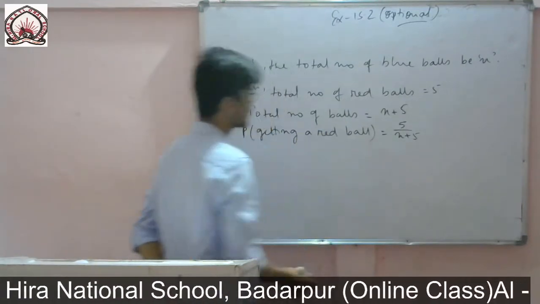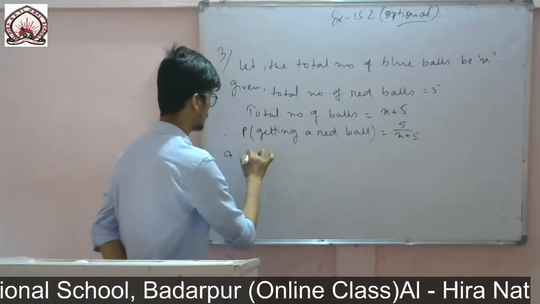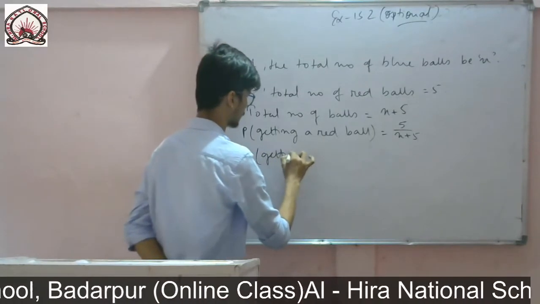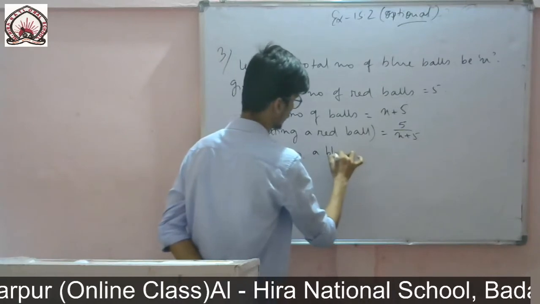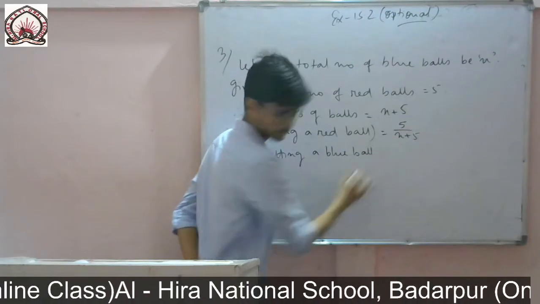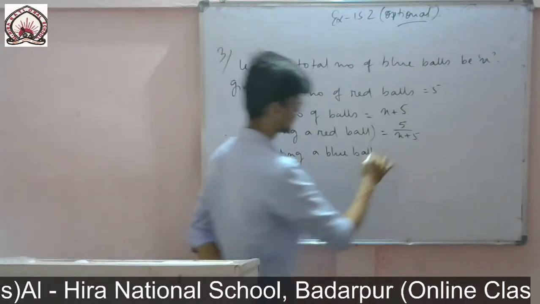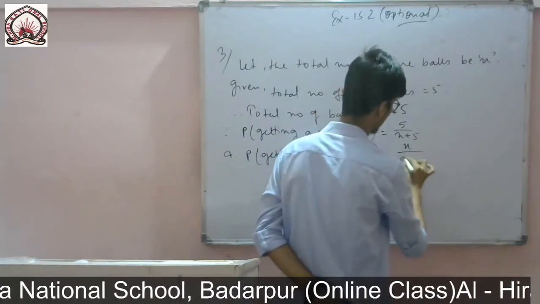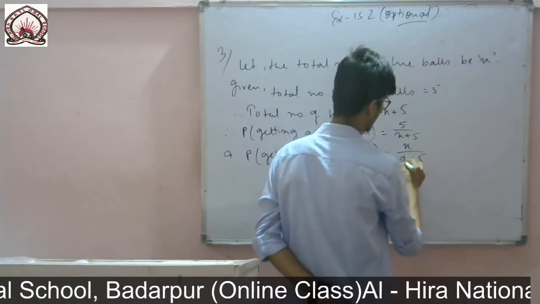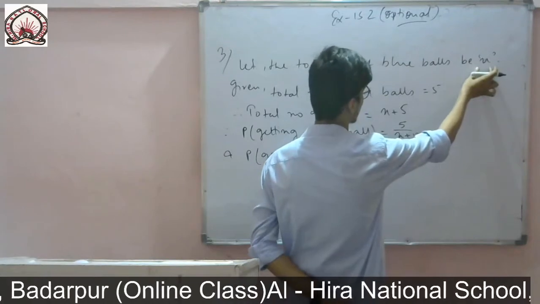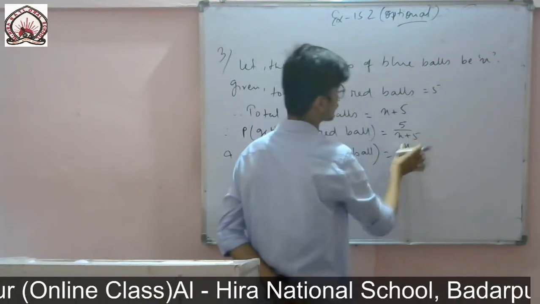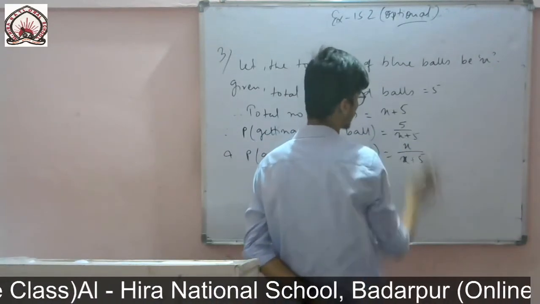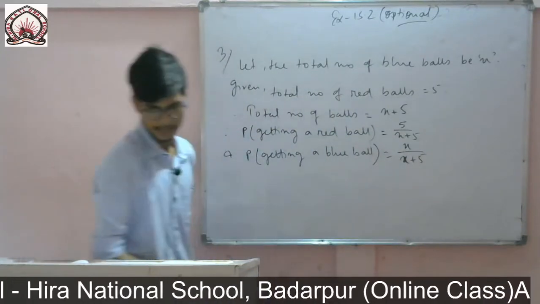And the probability of getting a blue ball, we have taken the number of blue balls as x, so it will be x by x plus 5.